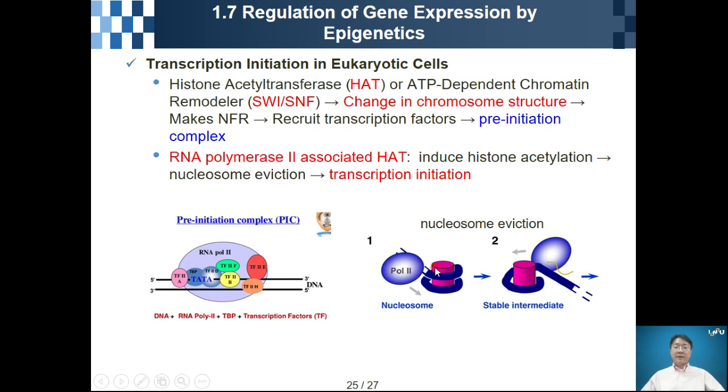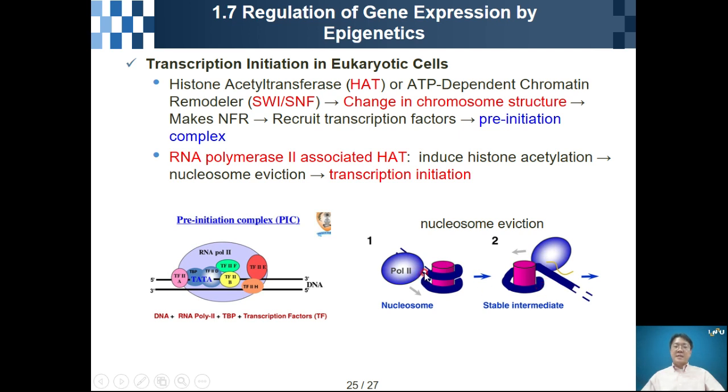After that, RNA polymerase itself has the HAT function. So this RNA polymerase 2 itself also has the HAT function, which means that it also induces histone acetylation. So it will induce nucleosome eviction.